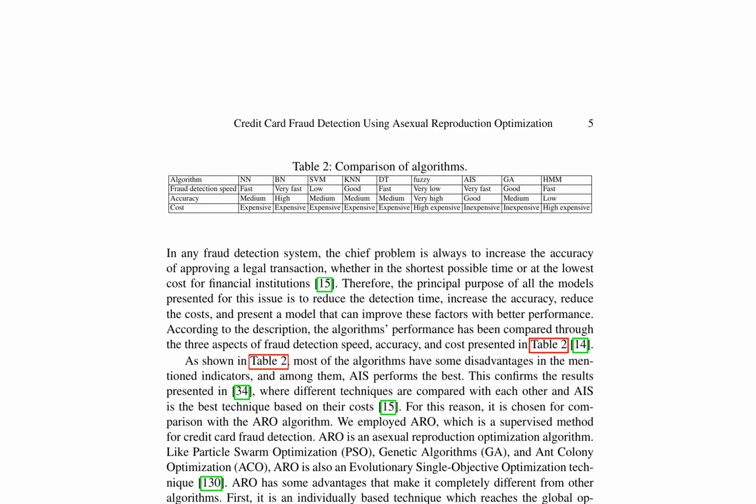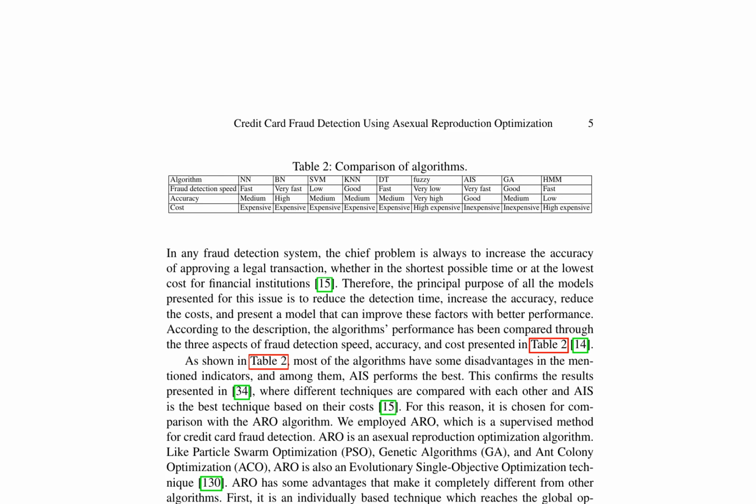Credit card fraud detection is a critical issue in financial institutions, where the primary goal is to increase accuracy, reduce detection time, and lower costs. Various algorithms have been proposed to address this problem, but most have limitations in terms of speed, accuracy, and cost.